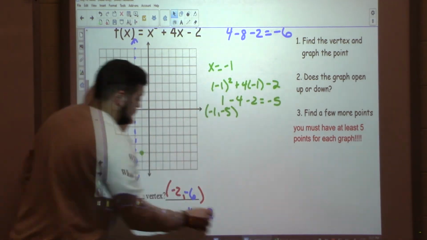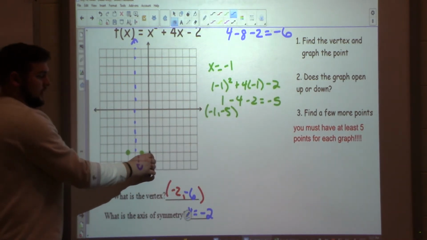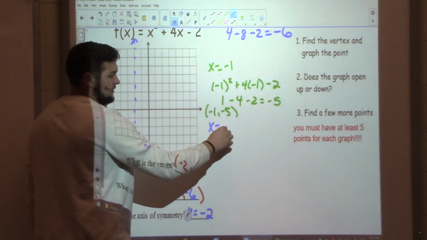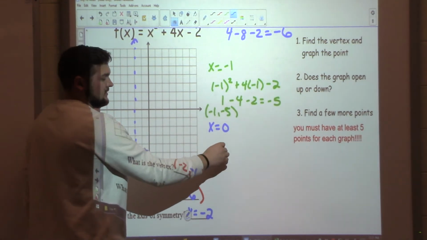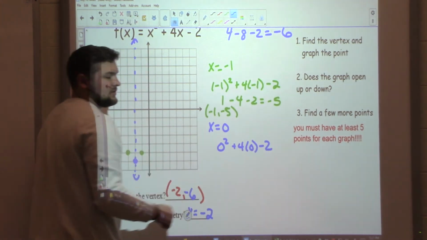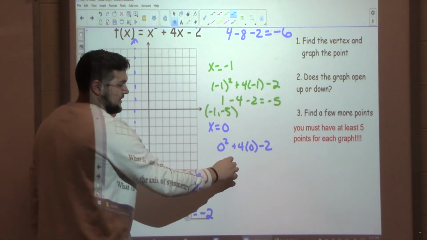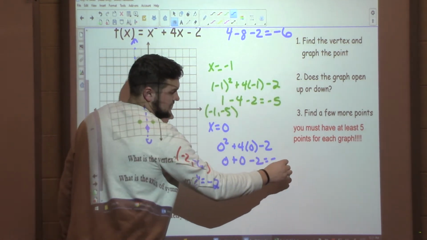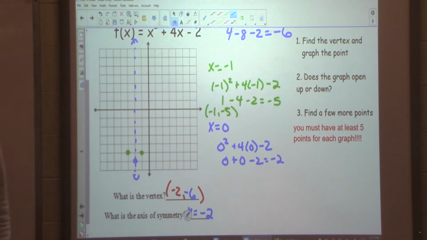Alright, then I'm going to go 1 more to the right. What's my x value here? 0. And I'm going to plug that in. 0 squared plus 4 times 0 minus 2. 0 squared is 0. 4 times 0 is 0. I should get negative 2.